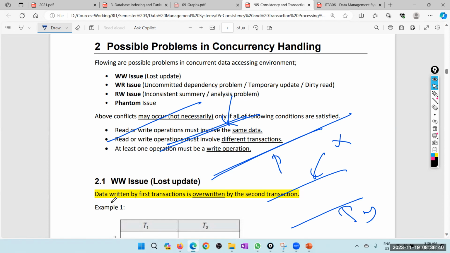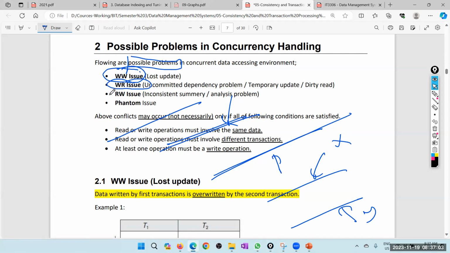Now let's look at what those possible issues are. We don't say those are all problems, just possible problems. So we have to handle all possible problems. Right. So these are the possible problems. We give them names also. Write write issue or the lost update.